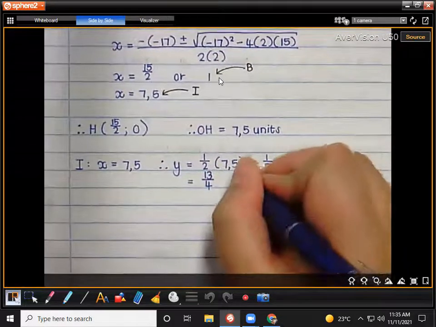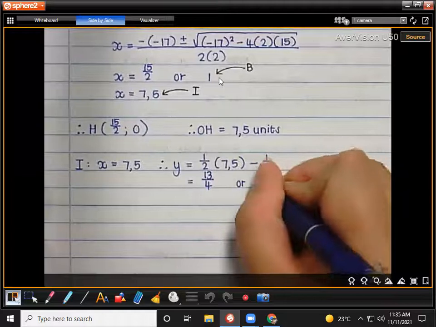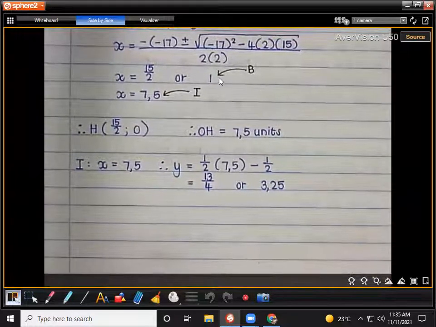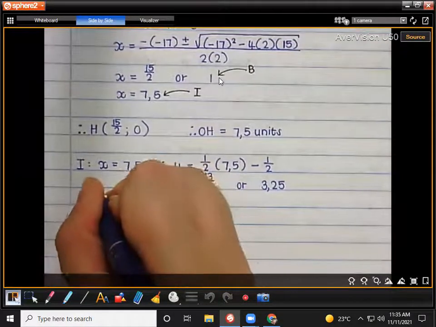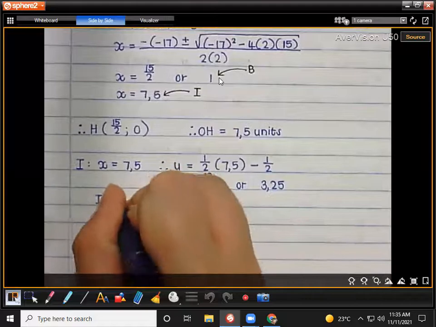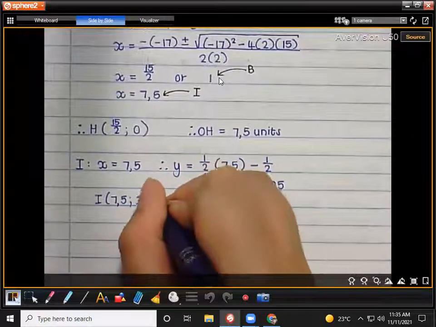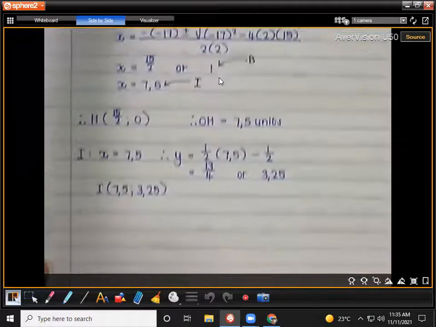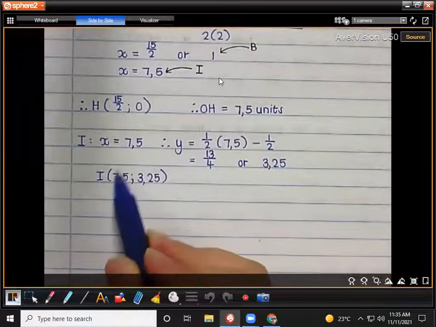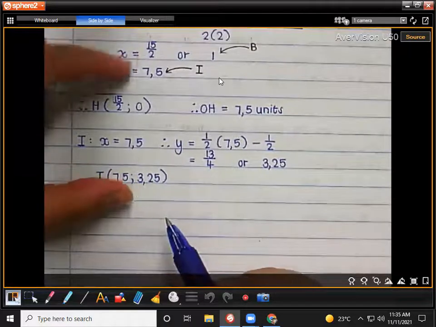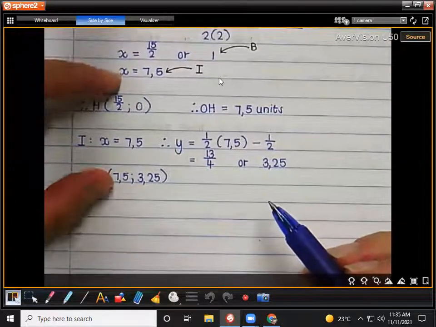Or you can write that as 3,25. Again, it's up to you, whatever you feel more comfortable with. So I is the point 7,5 and 3,25. Or 15/2 and 13/4.